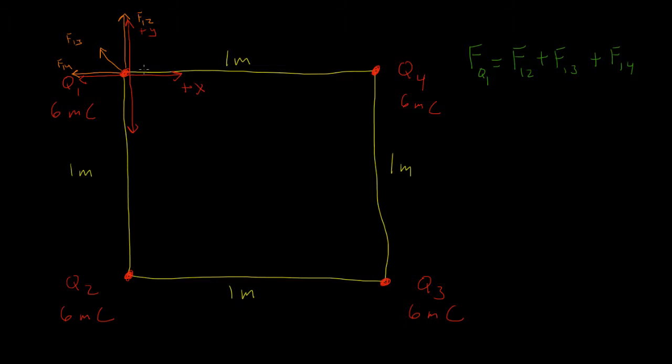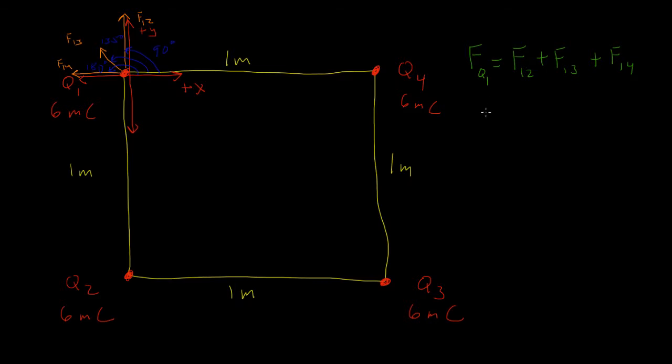The force between 1 and 4 is at 180 degrees. The force between 1 and 3 is at 135 degrees. And the force between 1 and 2 is at 90 degrees. Okay?